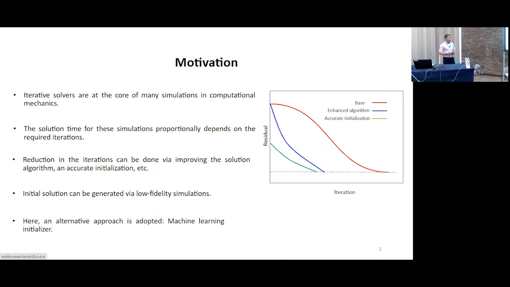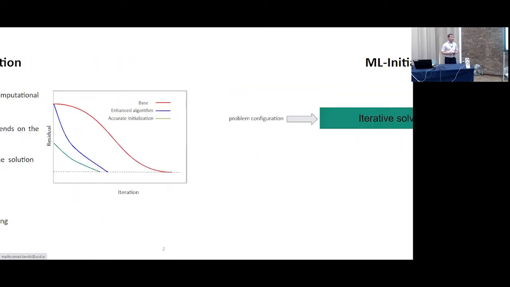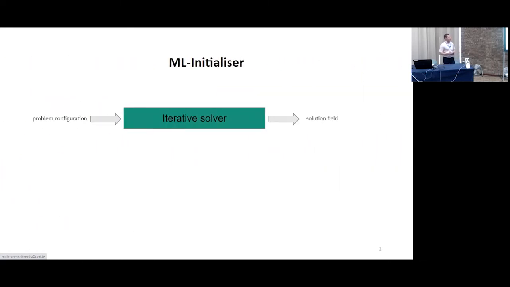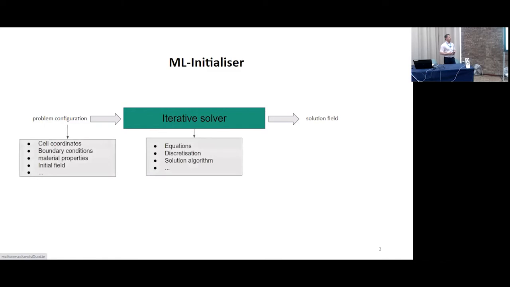Alternatively, we are using machine learning here as an initializer for the iterative solver. So what does an ML initializer look like? We have a problem configuration, and then we give it to the iterative solver, and it gives us the solution field. Problem configuration means mesh, boundary condition, material properties, and also initial field.